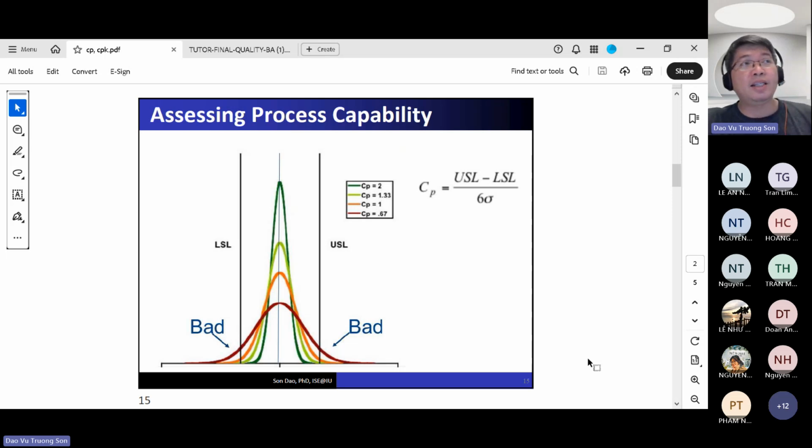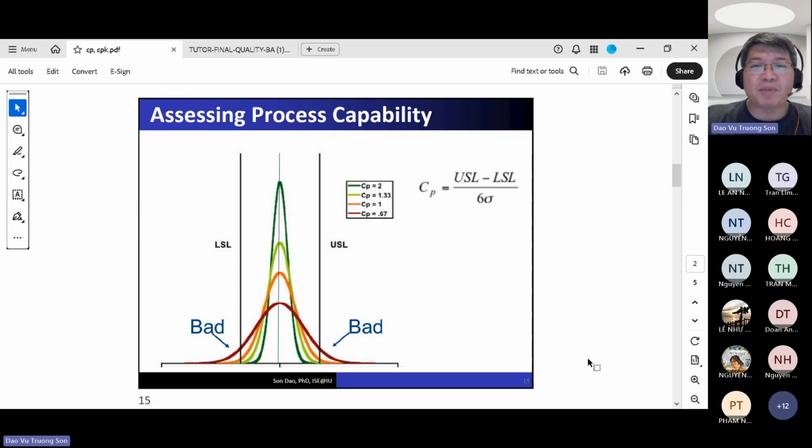And in this case, it's exactly symmetrical. Maybe we take a look at the two extremes. The dark green CP is 2 and the red CP is 0.67.